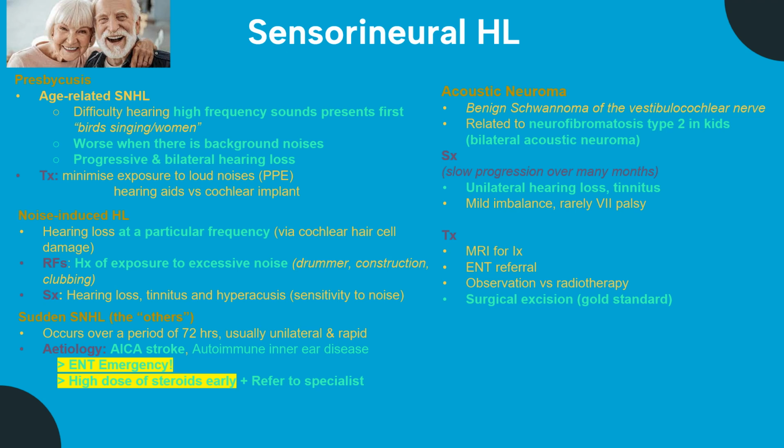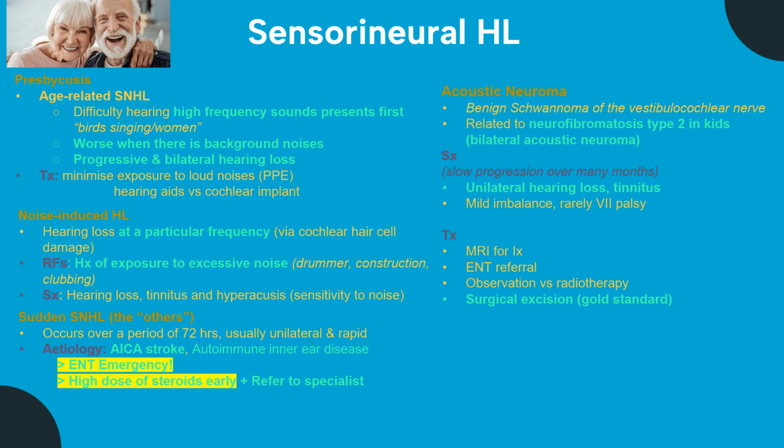So vestibular schwannoma, acoustic neuroma, it's the same thing with different names. That's basically a benign tumor of the vestibulocochlear nerve in the cerebellopontine angle. If it's bilateral, it can be related to a syndrome you might know from peds, neurofibromatosis type 2.